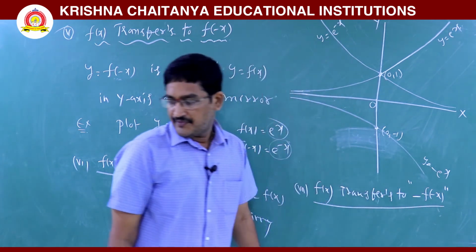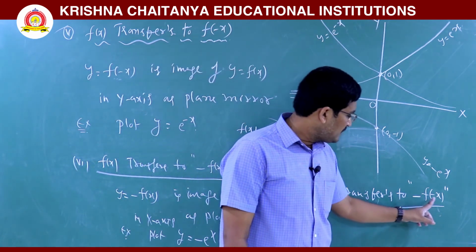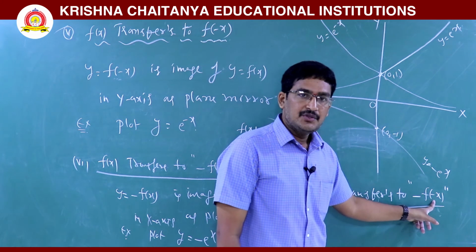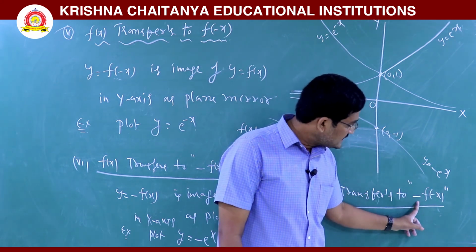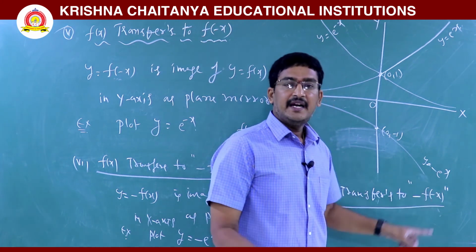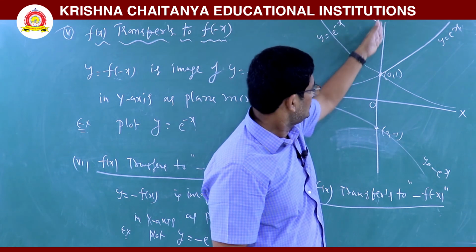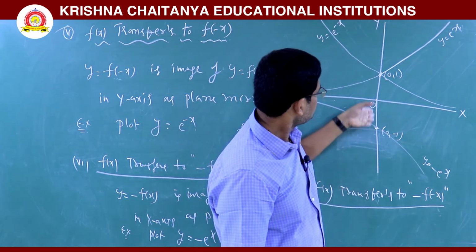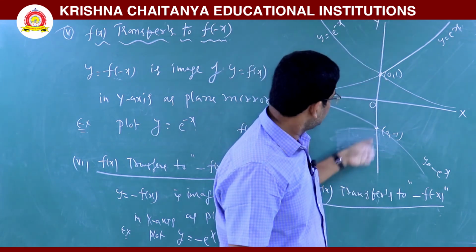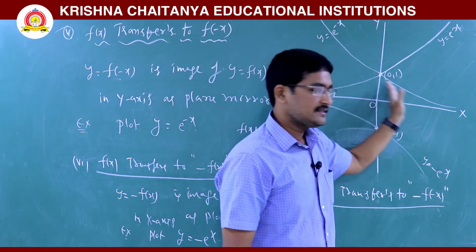Okay, I will give some idea to draw the curve minus f of minus x. To get the curve minus f of minus x, first we have to draw the image of f of x in y-axis as plane mirror. Then what you get? F of minus x.